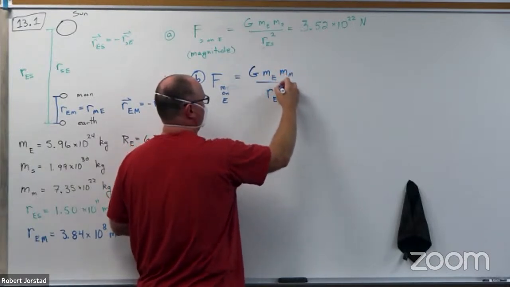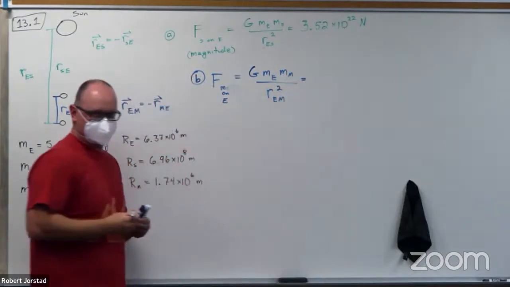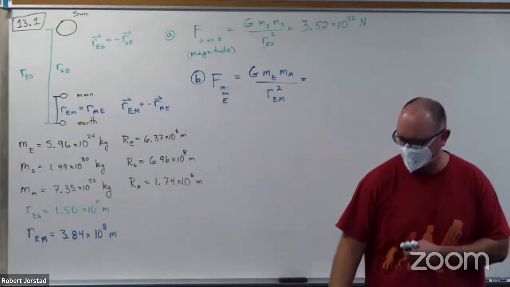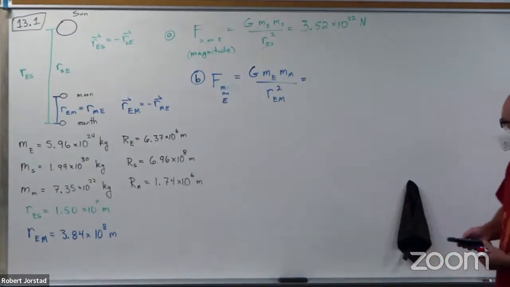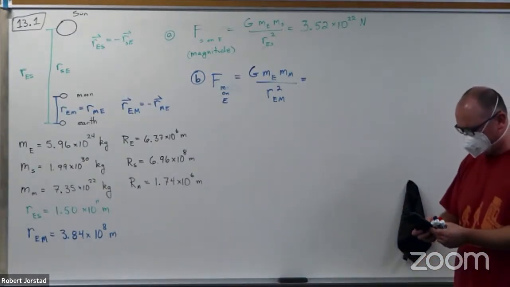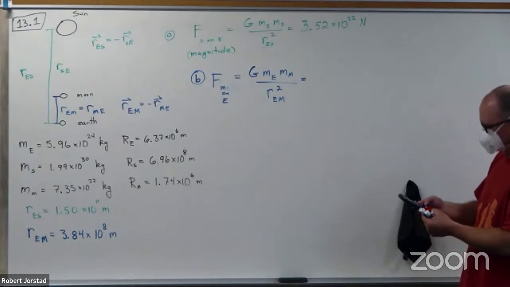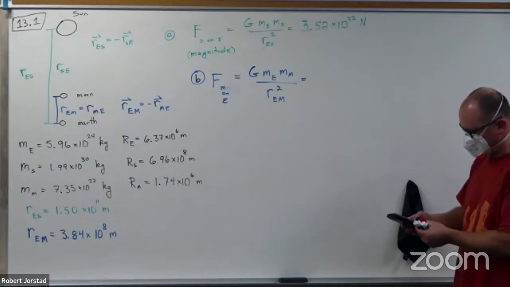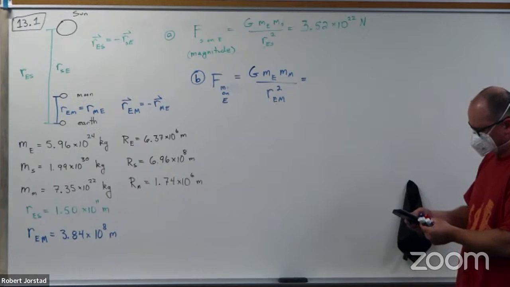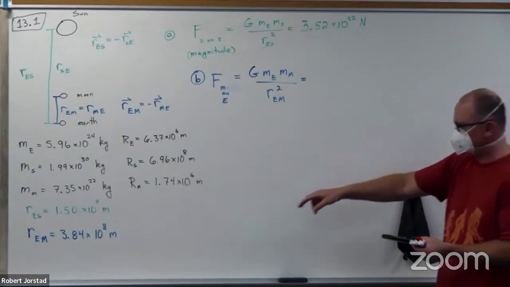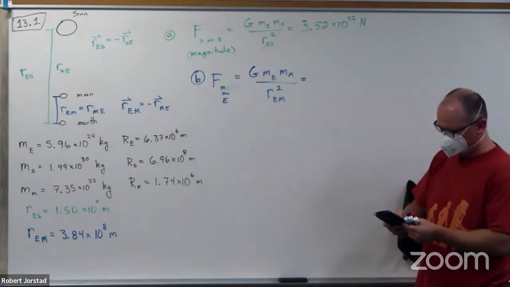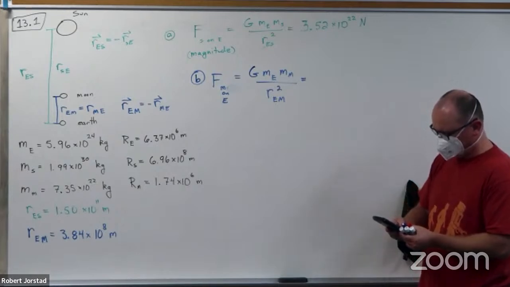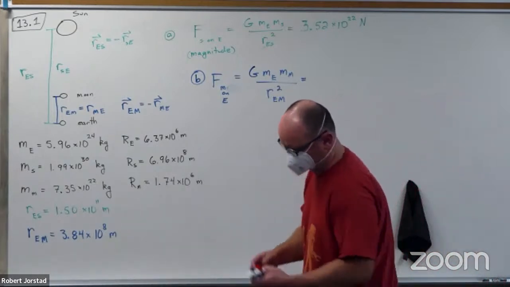Which one do you think is going to be bigger? The force that the sun exerts on the Earth, or the moon on the Earth? Which one do you think? Let's find out. Let's punch it in. Earth, moon is right there. 0.36 times 10 to the 27.